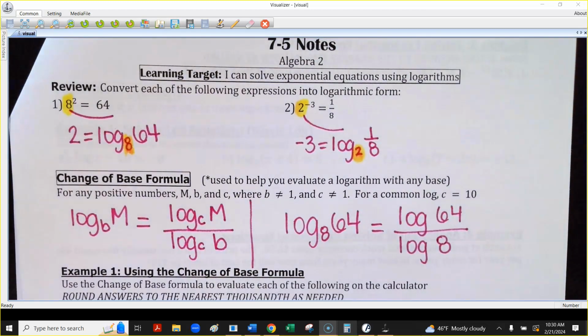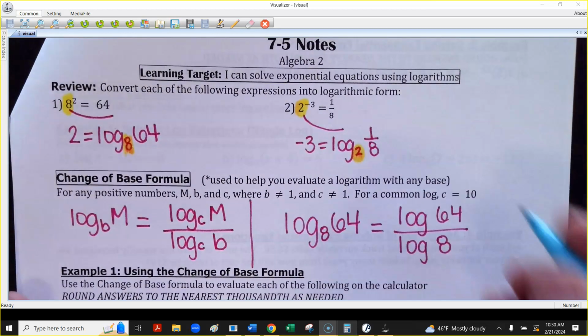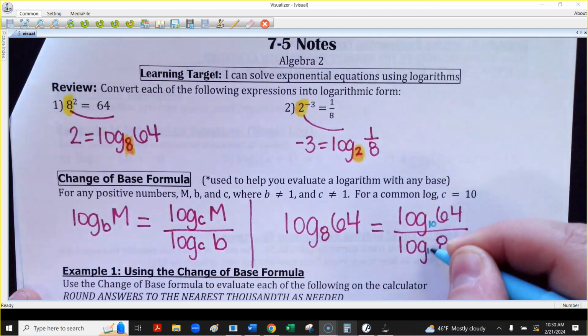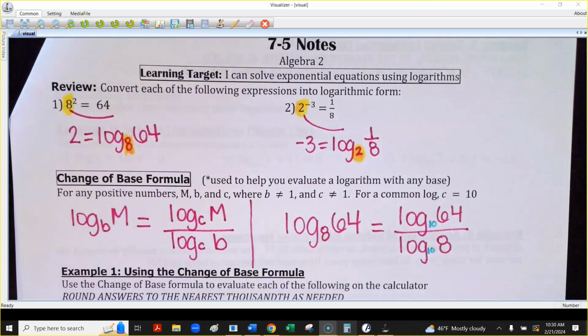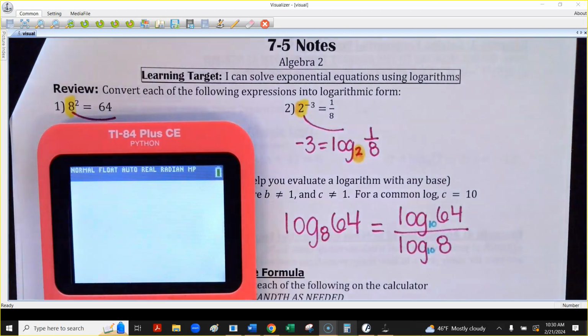Okay, now I purposely didn't write it in, but I'm going to go back with a different color. If you just have the word log, it's assumed to be base 10. I'm going to write that in here to show you real quick. But usually change it to base 10 so you can use your calculator to do the problem. You should have a log button on your calculator.